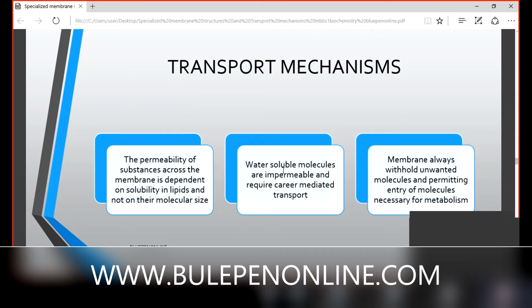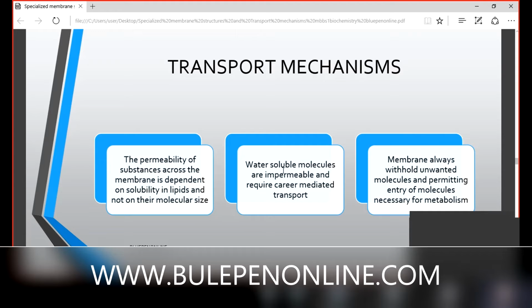Water soluble molecules are impermeable and require carrier mediated transport. Membrane always withholds unwanted molecules and permits entry of molecules necessary for metabolism. So this transport mechanism plays a very important role in our body.